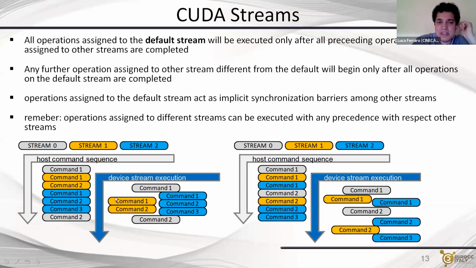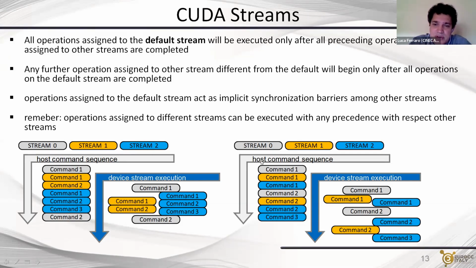So, as you can see from this graph, command 1 and command 2 on stream 0 act as barriers to synchronize the execution already pushed on other streams previously to this last command on stream 2. Okay, another example. Now let's invert a little bit the order in the code.